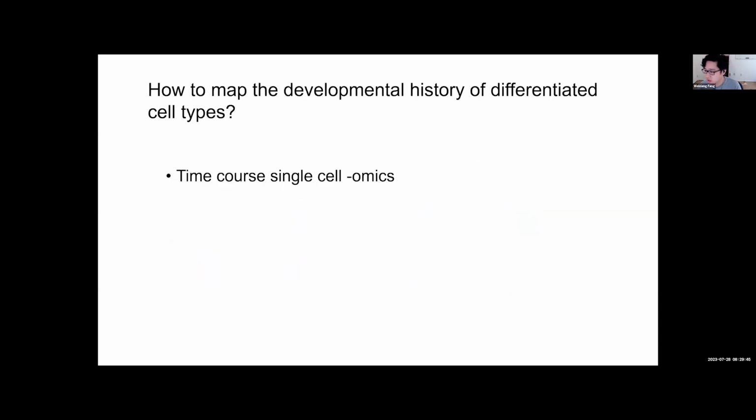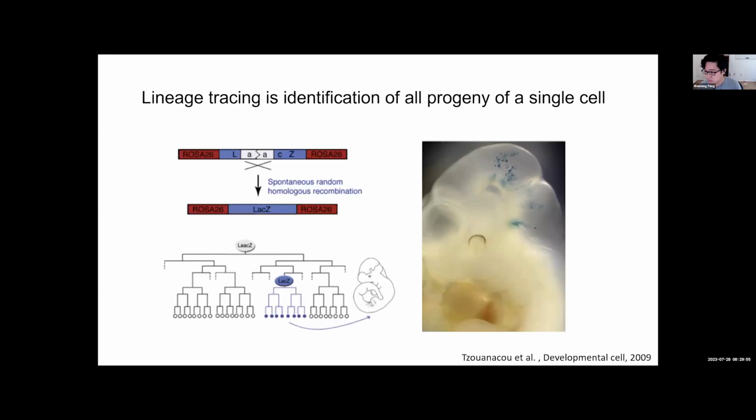So I would like to discuss an alternative line of thought for this problem, which brings us to the second approach that we will focus on today, that we call single cell lineage barcodes. Traditionally, developmental biologists have been using lineage tracing techniques to understand the fate of the progeny of a single progenitor cell. In this example, a random homologous recombination event labels all progenies of a single cell, right?